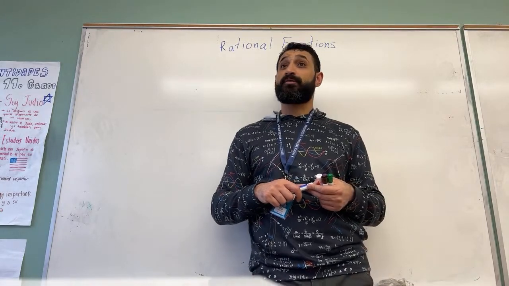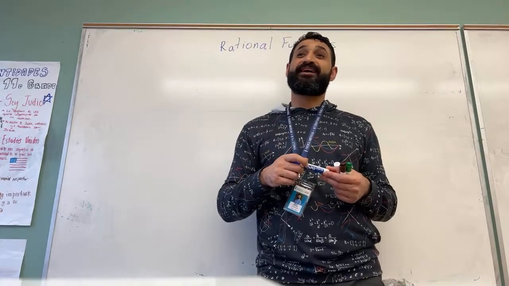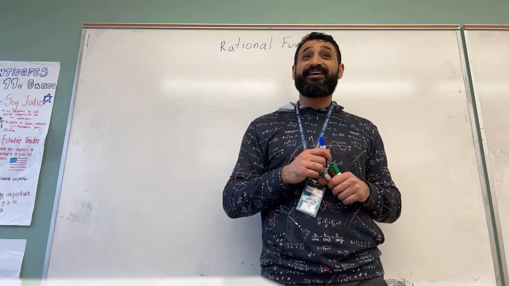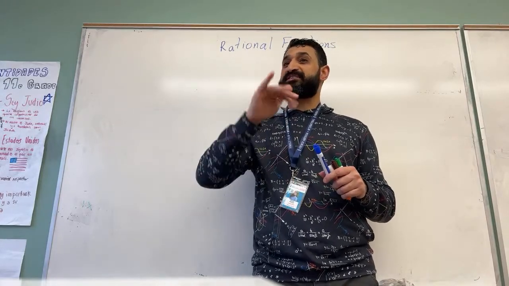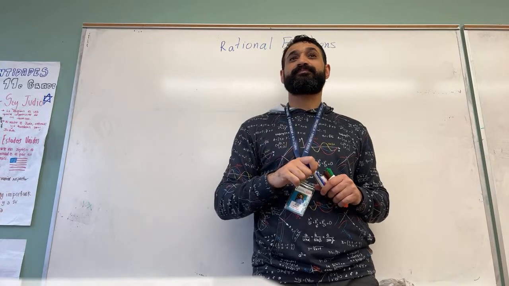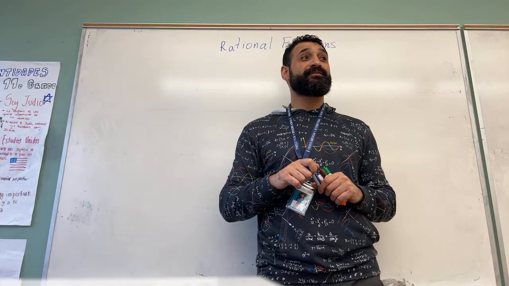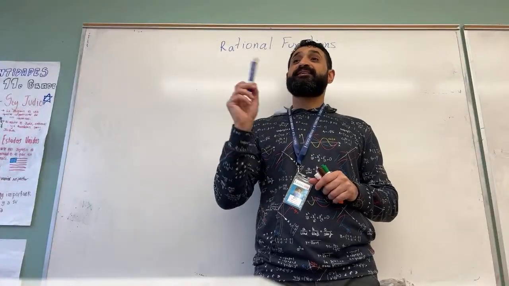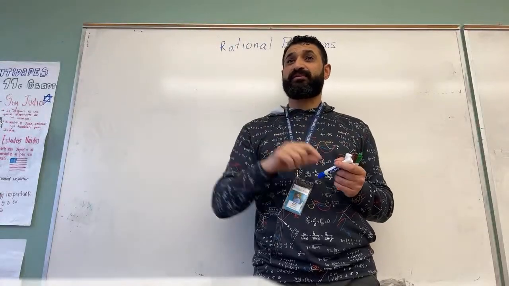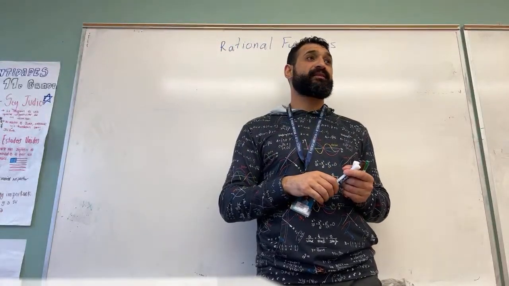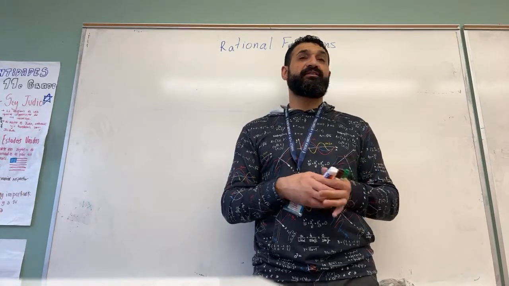10 divided by 0.4. 25. Okay. 10 divided by 0.1. Is it, I think, 100? It's 10. Oh my God, the answer is 100. Okay. 10 divided by 0.001. 10,000. Oh my God. 10 divided by 0.00001, which is 10 million.